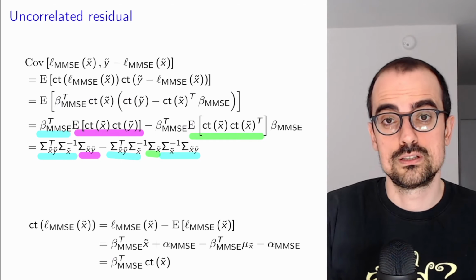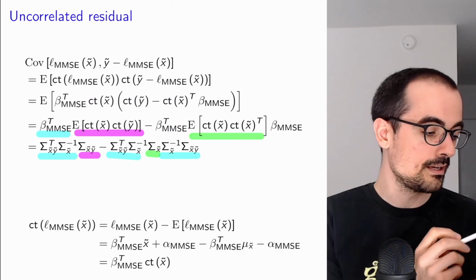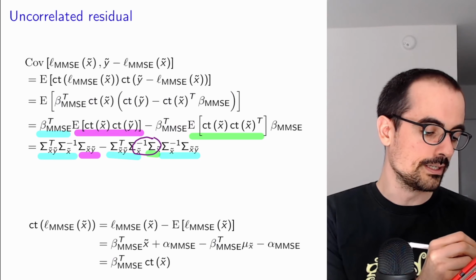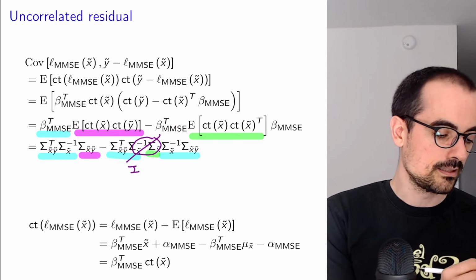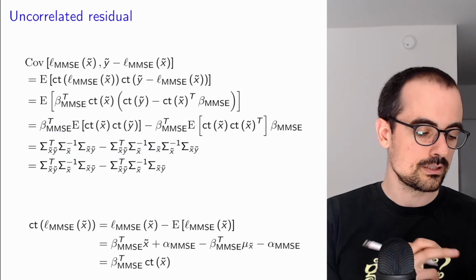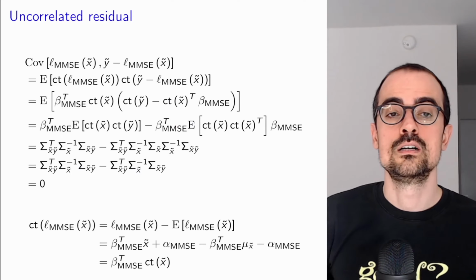But because the optimal coefficients depend on the covariance and the cross covariance in that way, we get this cancellation here, where this is just equal to the identity matrix. And this expression is going to be exactly equal to that expression. So they cancel out, and indeed the residual and the linear estimator are uncorrelated.